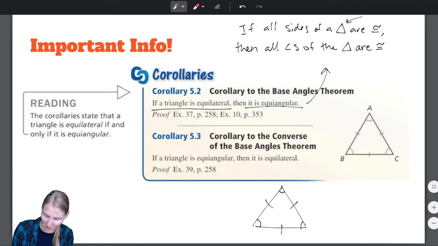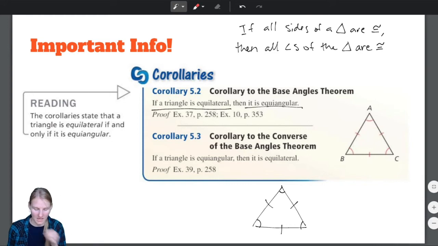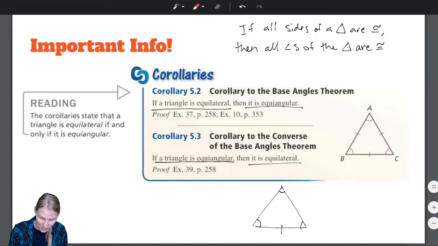This means triangle, this means congruent. Okay. And the corollary to the converse, remember we switch the if and the then. So if a triangle is equiangular, then it is equilateral.